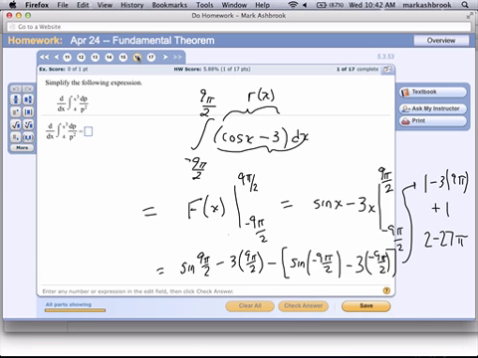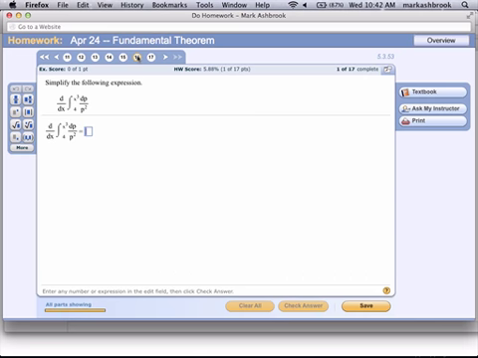Okay, now the one I want to talk about, this is an important question here. Let's talk about this one. So what's dp over p squared?